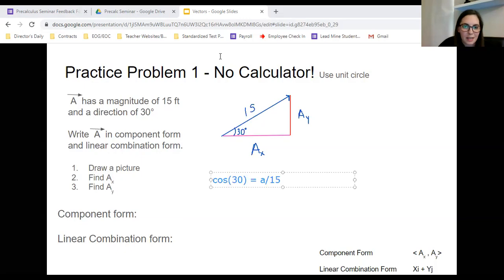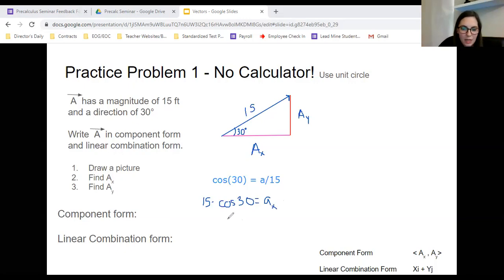So we have 15 times the cosine of 30. And that's my adjacent, or I'm going to go ahead and say that that's the x component.